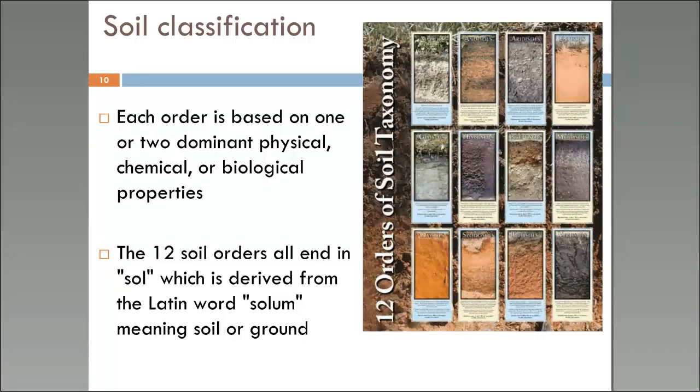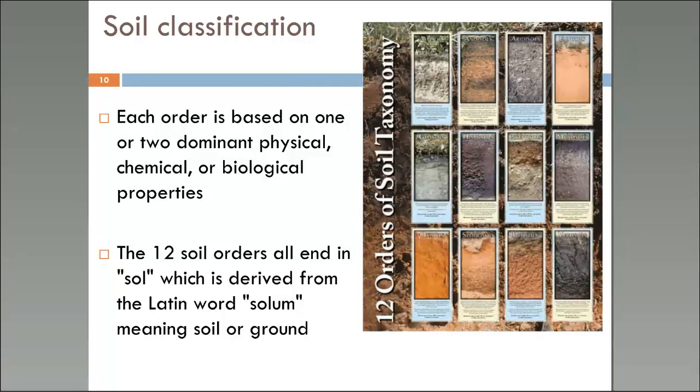So a soil order, of which there are 12, is comparable to a plant phylum, and a soil series, which is a term that probably many of you are familiar with, is comparable to a plant genus. These orders are determined based on one or two physical, chemical, or biological characteristics that distinguish it from the others. They all end in SOL, which is a Latin suffix for soil.